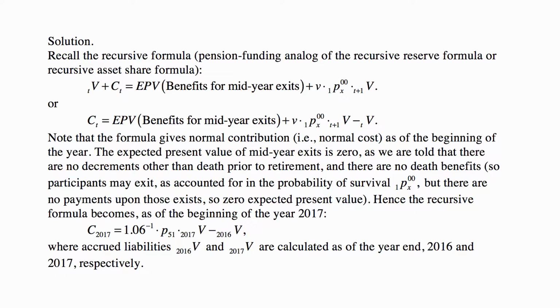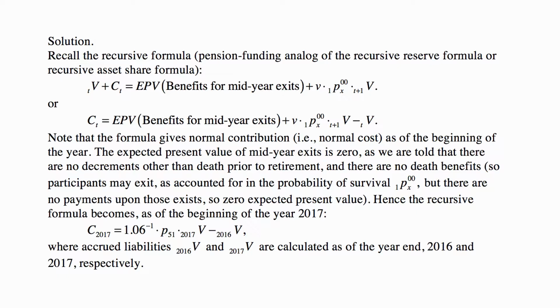Plus it has to pay for the cost of the mid-year exits, which we figure out by taking their expected present value at the beginning of the year, and minus the initial accrued liability.